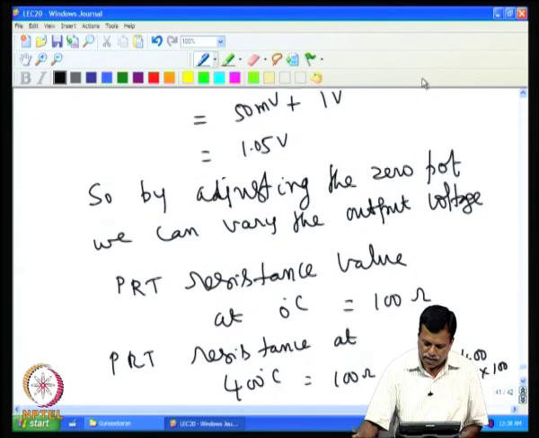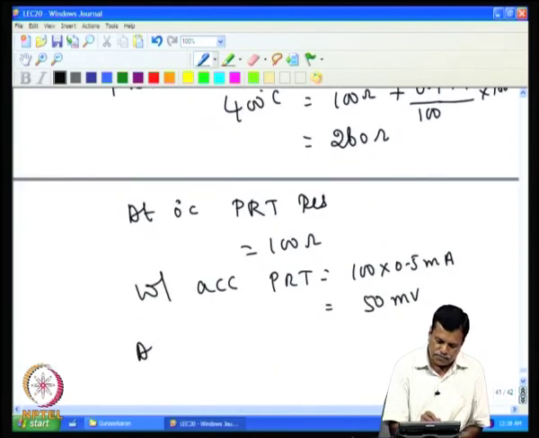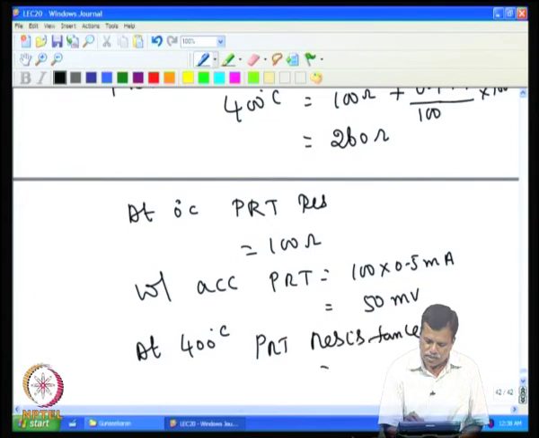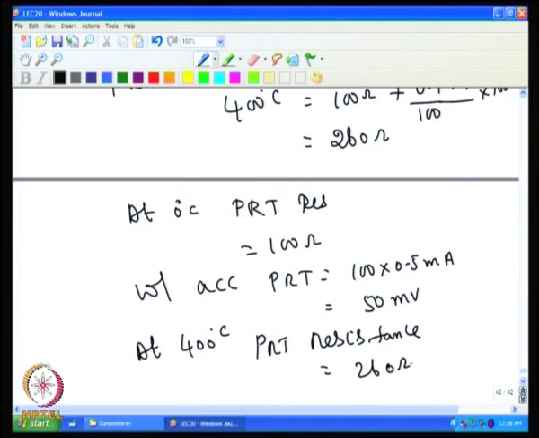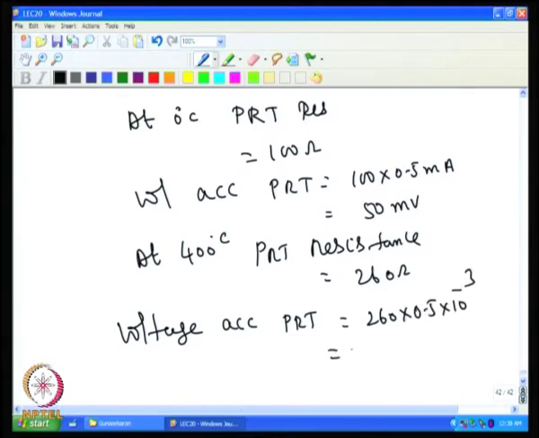So, if we take this one, then it is at 50 millivolt, then at 400 degree C, PRT resistance equals 260 ohms, and the voltage across that PRT will be 260 into 0.5 milliamps, that becomes 130 millivolts.